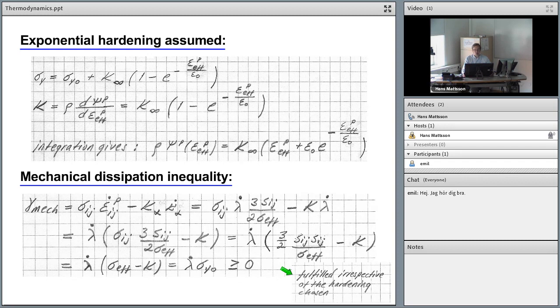And that is a big drawback, and it's a little bit sad for those that spend a lot of effort developing models, if they don't know that the second law of thermodynamics should probably be fulfilled, and that it's possible to start from thermodynamical principles and derive constitutive models. So that's what I want to achieve with this lecture here.